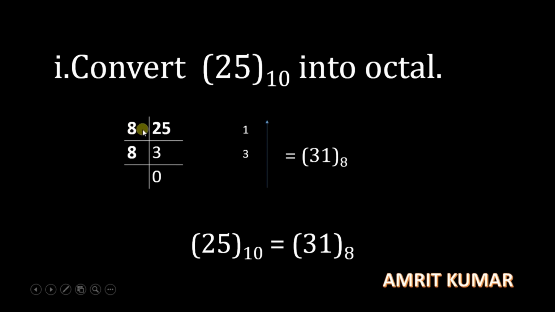After dividing 25 by 8, we get the remainder 1 here. 8 into 3 is 24, therefore this is 3 here, because it is the quotient. 8 into 3 is 24 and gives us the remainder 1, so I am putting that remainder here.